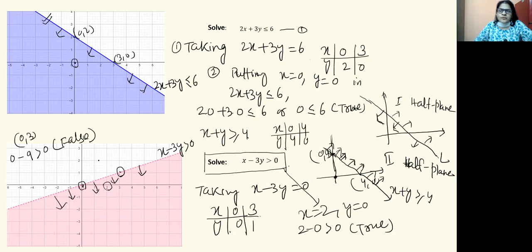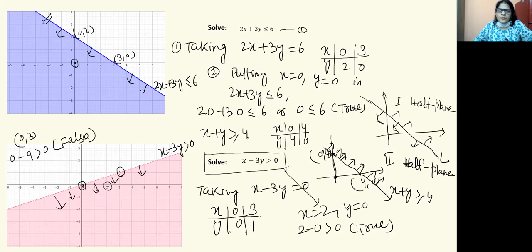So it is up to you which point you are taking. Taking any point is fine, but the point should be other than the origin. When the line passes through the origin, you will not take the origin as the landmark.